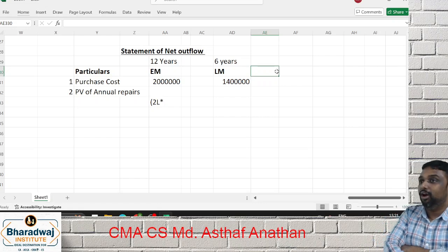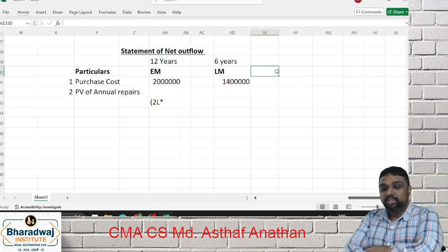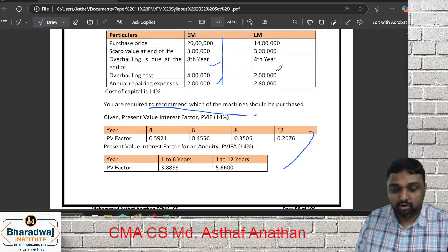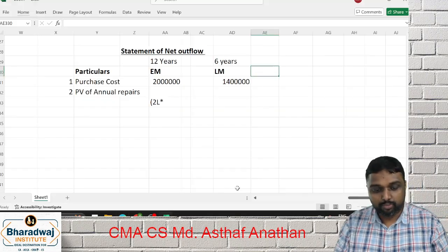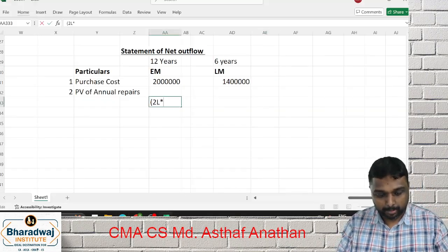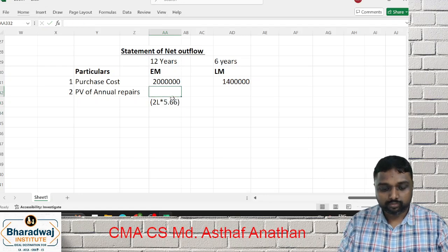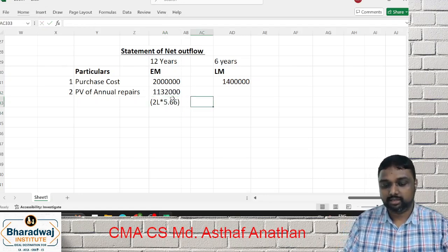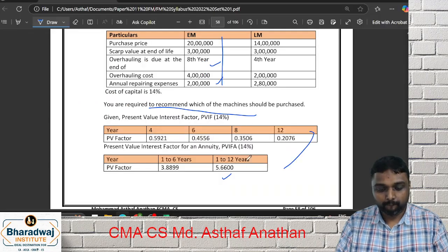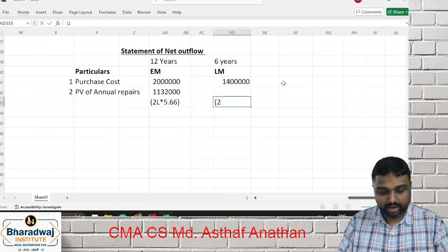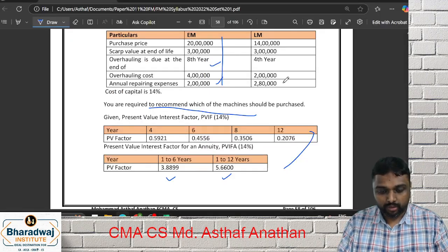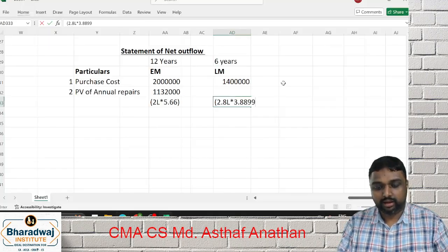Are you able to follow? Yes or no, friends? So for 12 years you have to take the 12 year annuity value, which is given in the question, 5.66. So 2 lakh into 5.66. Now coming here, it is 6 years, 3.889. Here the amount is 2 lakh 80 into 3.889.